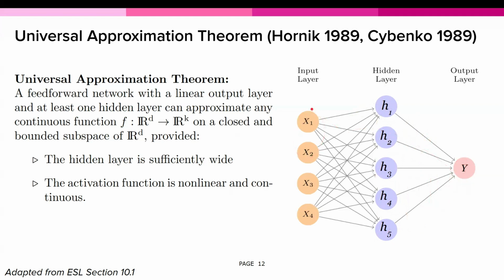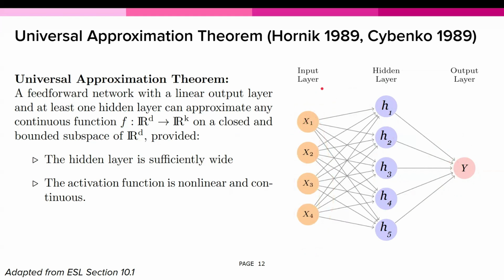this architecture that we call a feed-forward network, with a linear output layer and at least one hidden layer, is sufficient to approximate any continuous function that maps from our input space R^D to some other space R^K, where K is the dimensionality of the output, on a closed and bounded subspace of R^D.